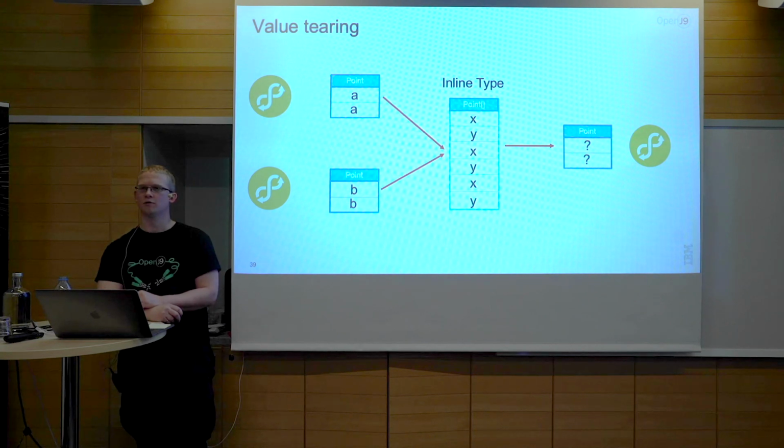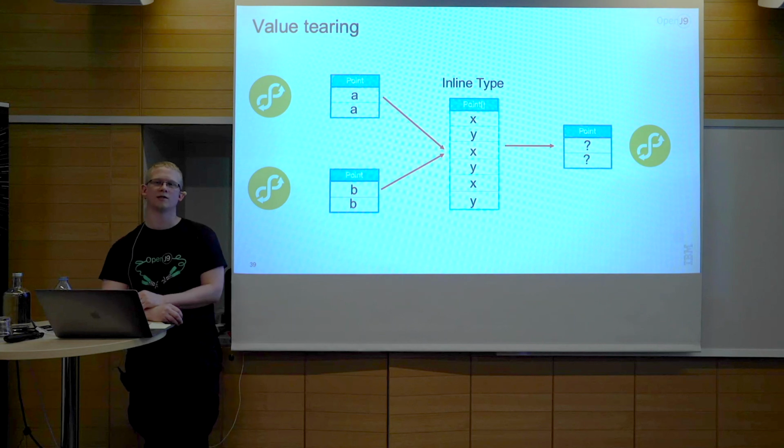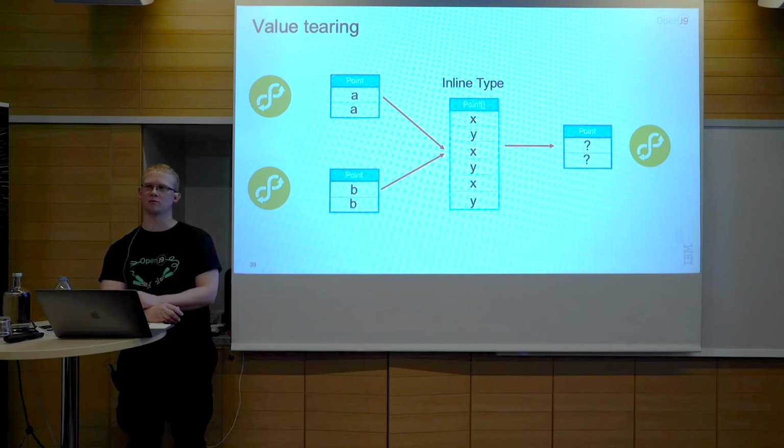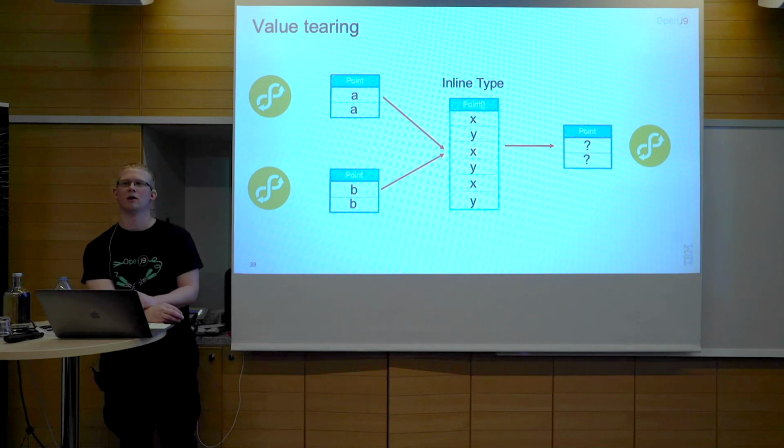This goes back to earlier versions of Java, which ran on 32-bit hardware and typically had problems with longs and doubles. Longs and doubles being 64-bit, it was perfectly valid for a JVM to write those as two writes, which meant that anyone doing data races could read impossible values. And this problem becomes much more obvious when dealing with value types, and it's going to hit way more people.